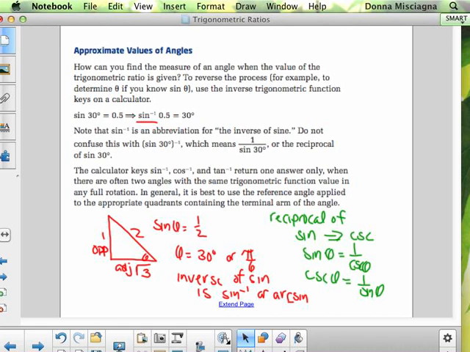So for every full rotation, we actually have two answers. When we were solving problems in geometry, we were just looking for an angle in a triangle. Now we're looking for an angle in the coordinate plane, and so we're going to use reference angles to find our other answer. So let's take a look.